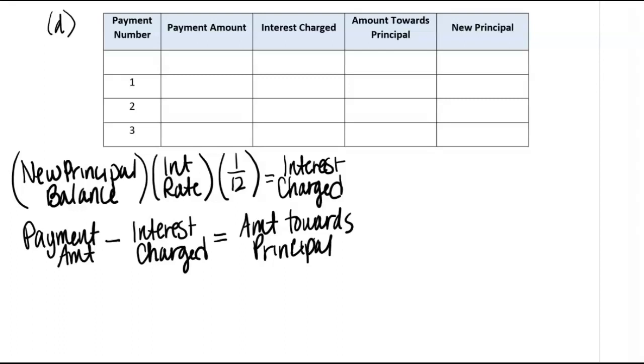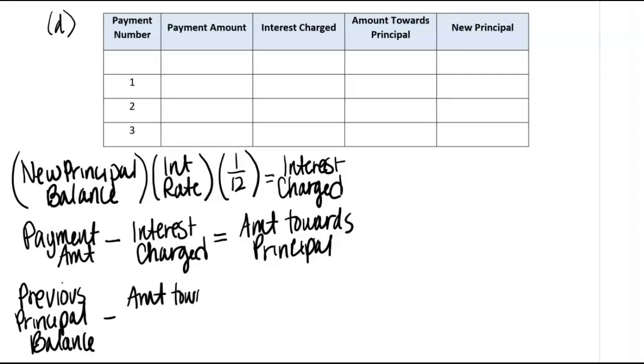We also need to find the new principal balance. So we take the previous principal balance, subtract the amount that went towards principal, to find the new principal balance.